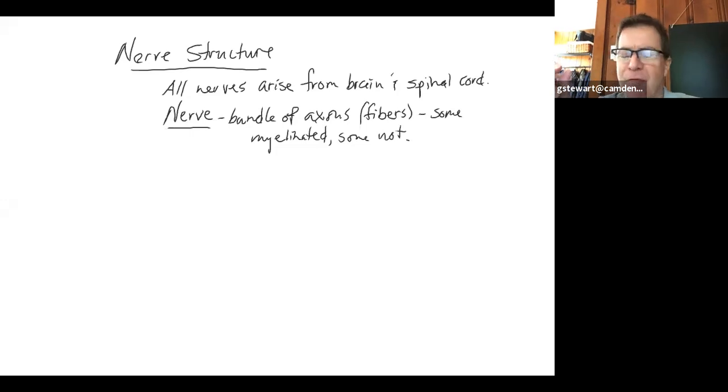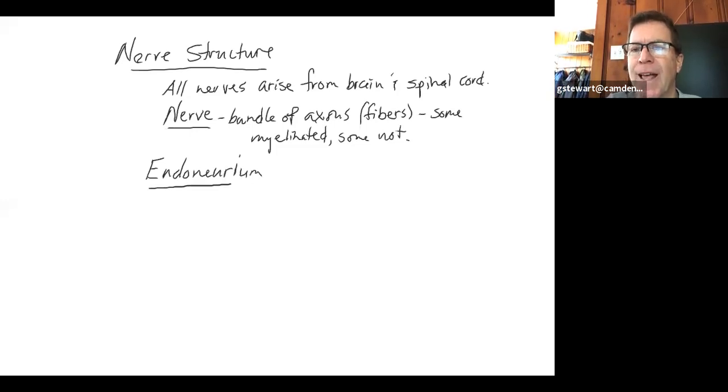And the good thing for us right now is we already learned how an entire muscle is configured or structured, and a nerve is structured in almost the same way. We use the same language. So endoneurium is the delicate connective tissue that wraps around a single axon.